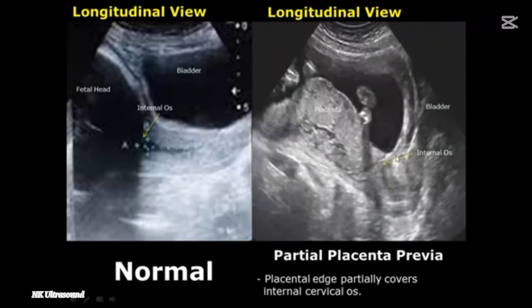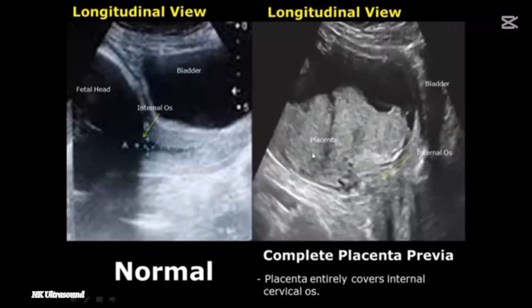In partial placenta previa, the placenta will partially cover the internal os. Here only the inferior part, this part right here, is covering the internal os. In complete placenta previa, the placenta will completely overlie the internal os. Here you can see the placenta is overlying the internal os.